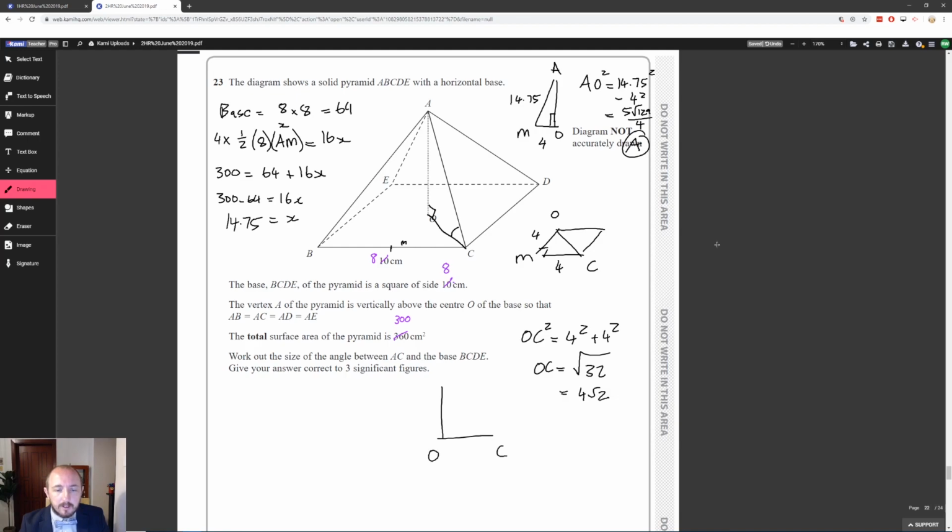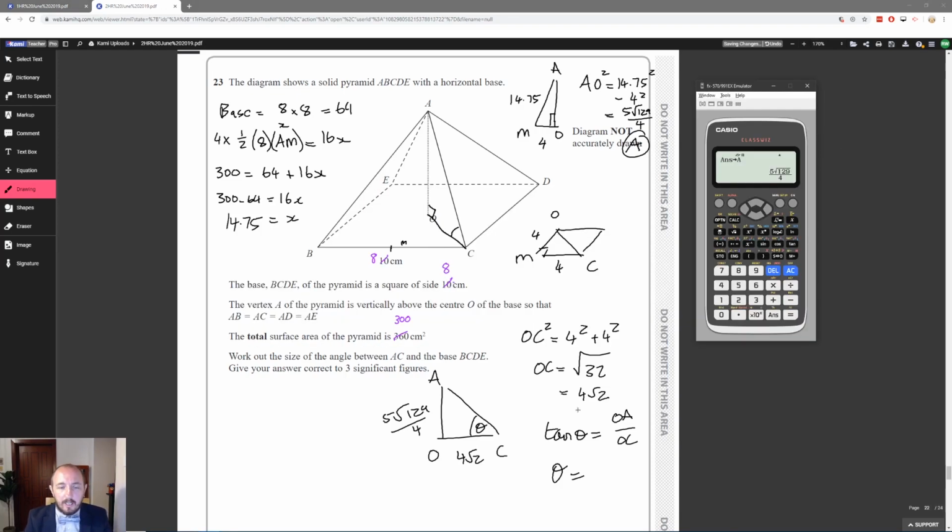So we now have OC. There's O, C, and A. We know OA, which was 5 root 129 over 4, and OC is 4 root 2. We want this angle here, theta. We've got opposite and adjacent, so tan theta is equal to OA over OC.